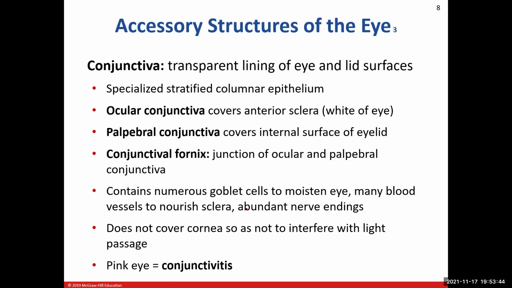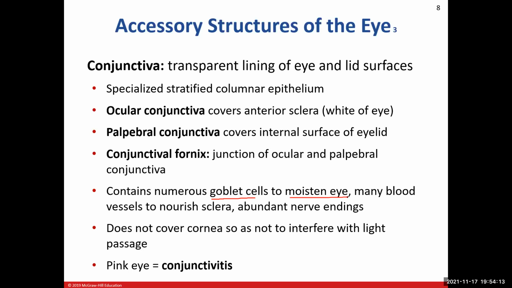In these structures we are going to see glands, specifically unicellular goblet cells, that help to lubricate and moisten the eye. And we're also going to see numerous blood vessels to help provide the necessary nutrients for those tissues.